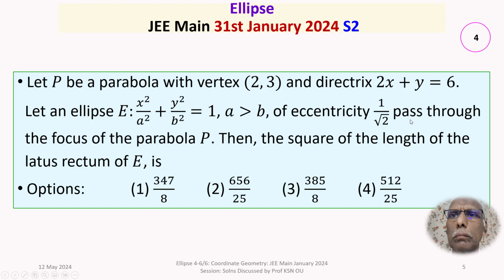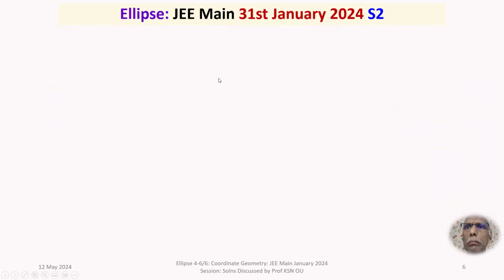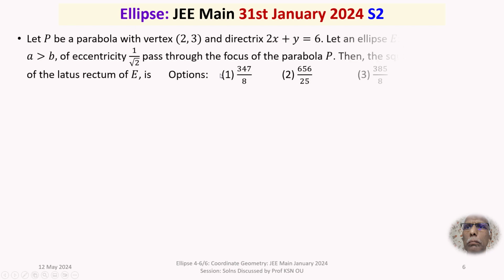Given this ellipse passes through the focus of the above parabola P, we are required to find the square of the length of the latus rectum of this ellipse. We will now discuss the solution of this problem in detail.